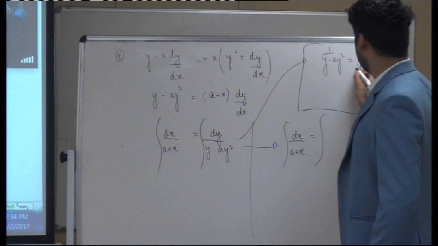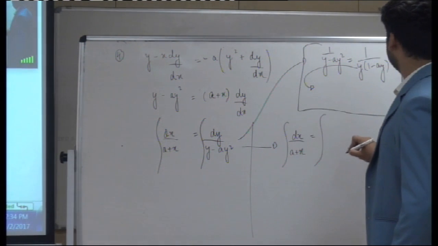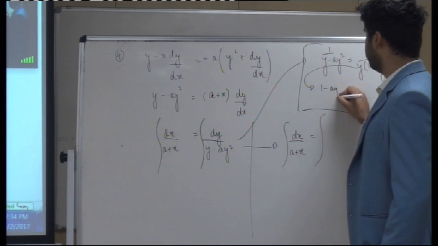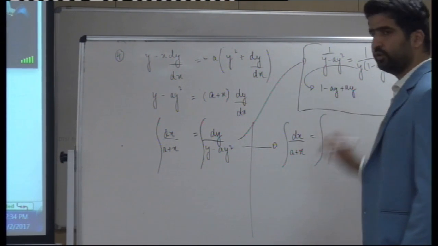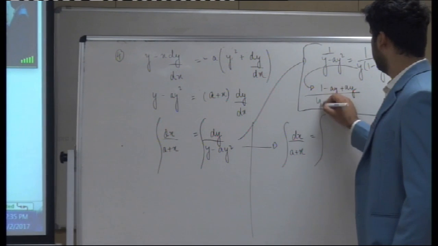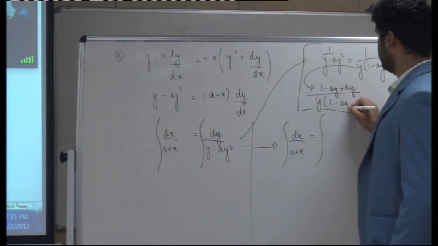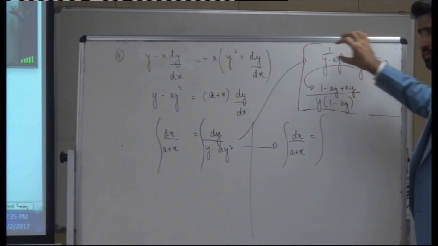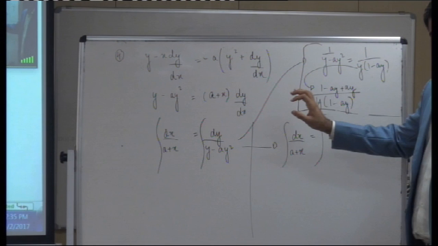Let's see a simpler way. What if I introduce 1 minus ay plus ay in the numerator, upon y into (1 minus ay)? Just try to make the denominators appear in the numerator, right?